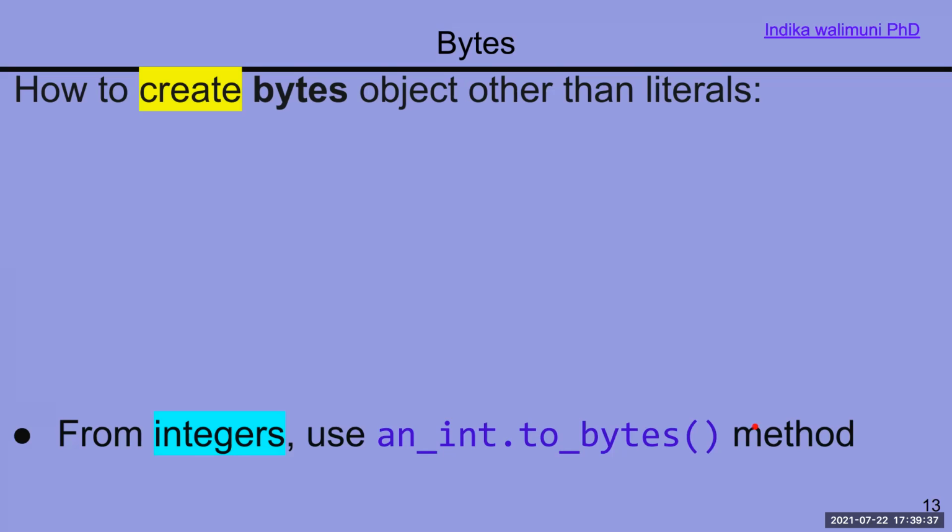For that, the integer class provides a method called to_bytes, and we can use this method to create a bytes object from an integer.